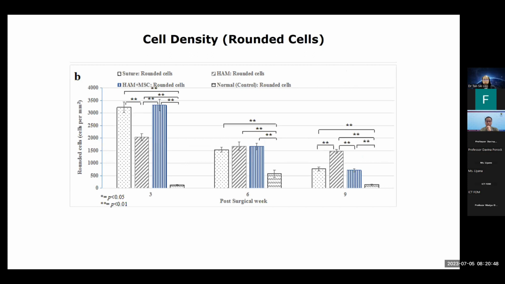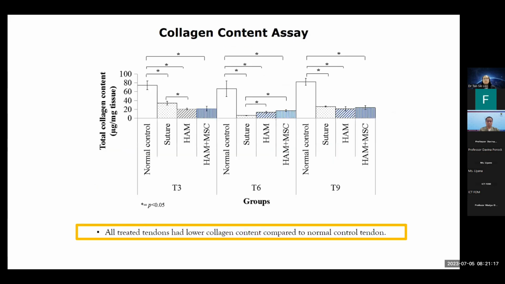Okay, and from the cellularity analysis, we also observe a significant reduction in the number of rounded cells, and these rounded cells are basically not mature tendon cells. So it shows a significant reduction of these rounded cells in the group treated with the MSC-seeded HA.